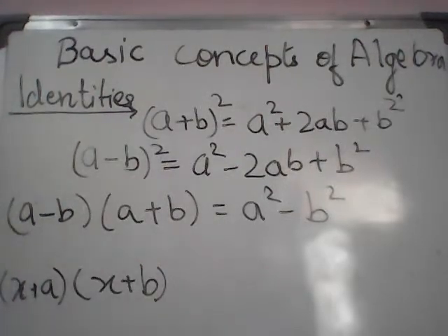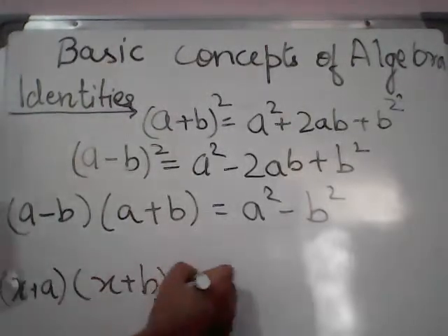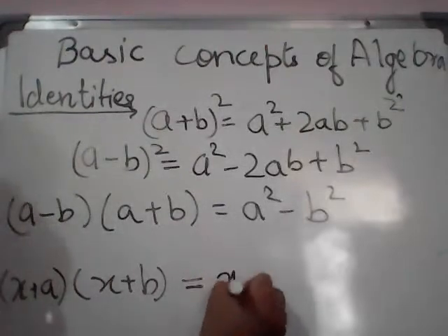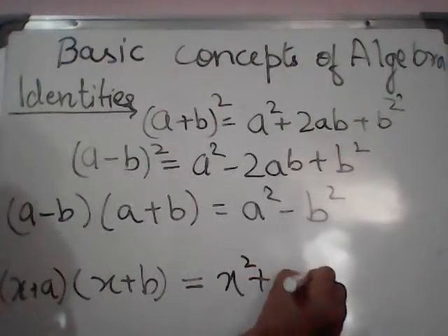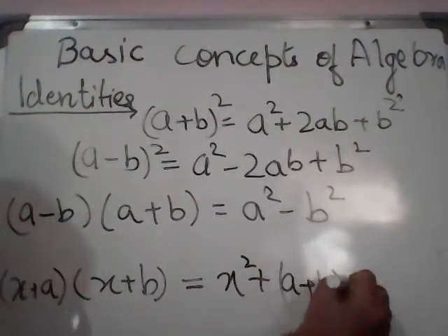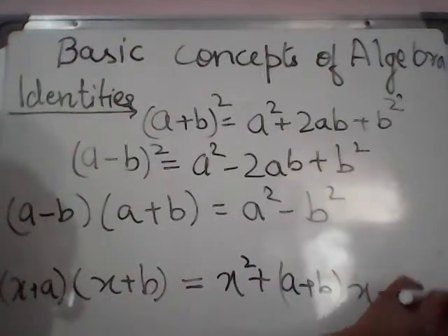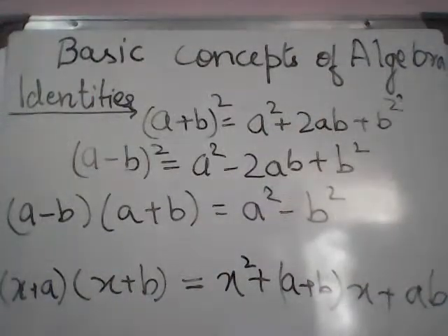Here one variable is the same in both the brackets and we have 2 different variables in the other bracket. That will be x square plus a plus b x plus ab. So these are the 4 identities.